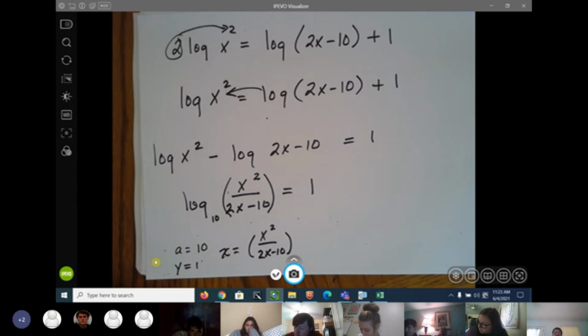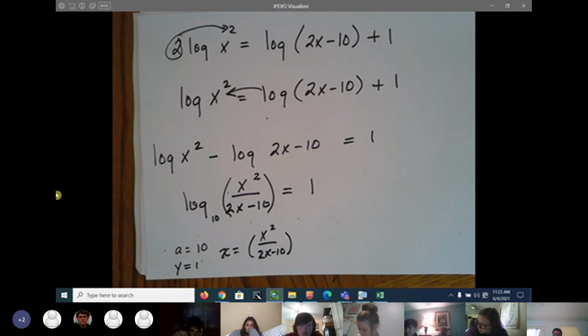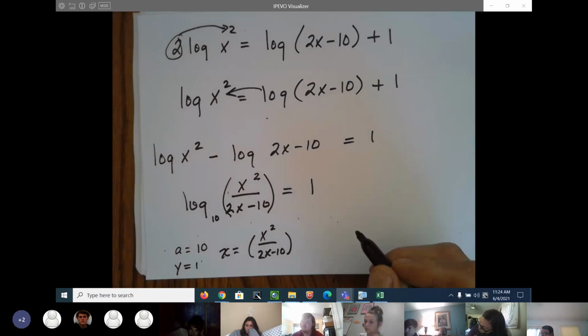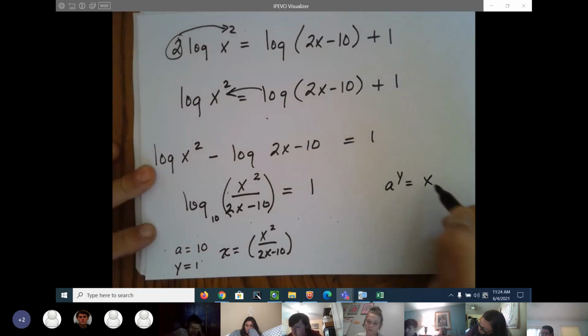Plug that in the definition of a logarithm and see if you can solve it. So that's going to be a to the y is equal to x.